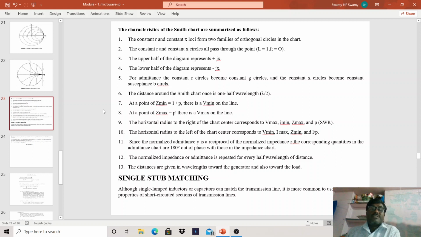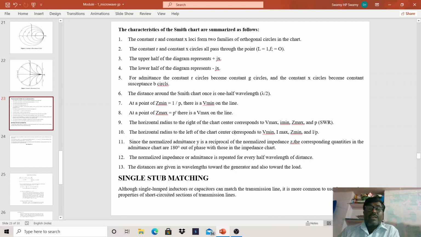At the point where Z minimum is equal to 1 by rho, there is a V minimum on the line. If Z minimum is equal to 1 by rho on the line, that indicates V minimum on the line.